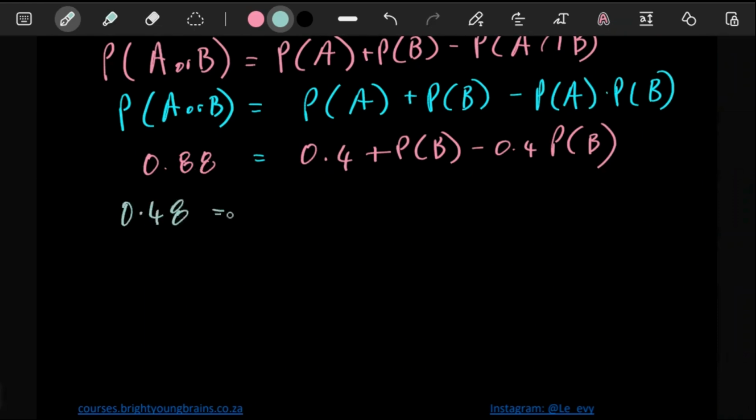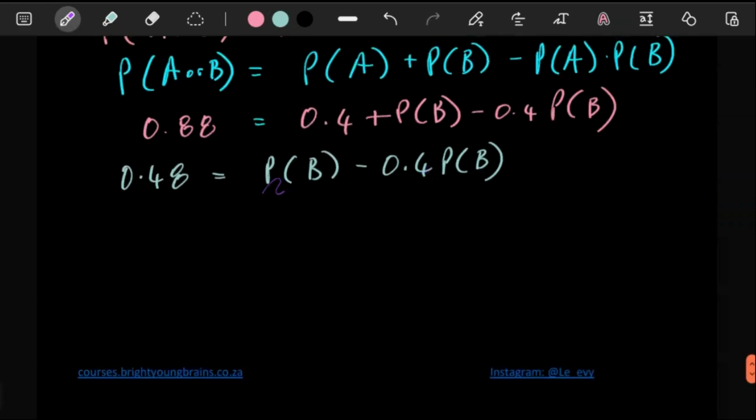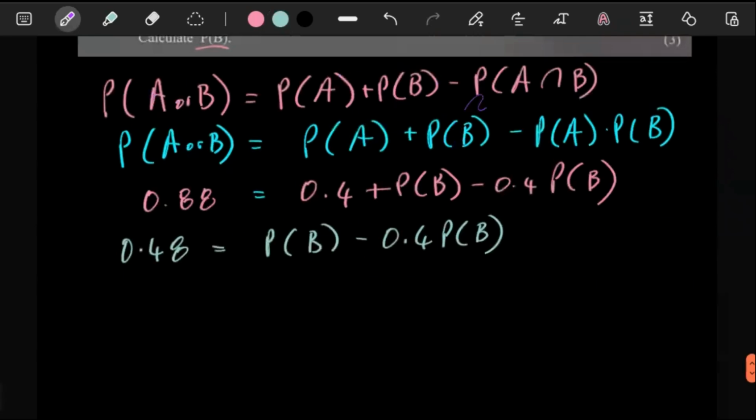And then this is probability of B minus 0.4 probability of B. Okay, then what? Technically speaking, this is like 1 minus 0.4. That's going to give you 0.6.